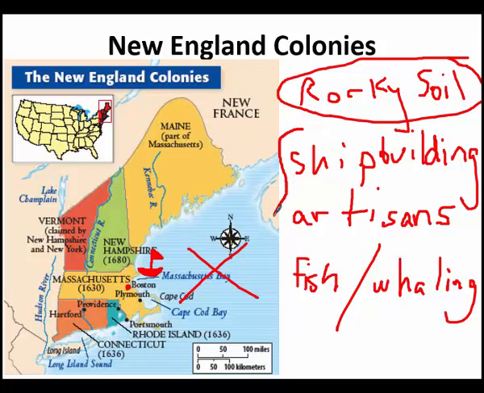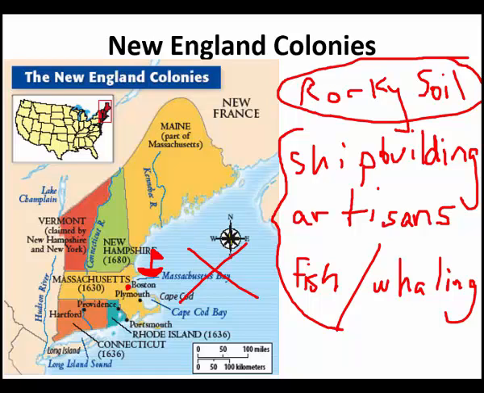And then, because of their location on the coastline, this is going to be the important thing for a Regents exam question. On the coast leads them to shipbuilding, trading, artisans trading, and fishing and whaling. So that is really the development of the New England colonies that is extremely important for you to remember in this geography lesson.